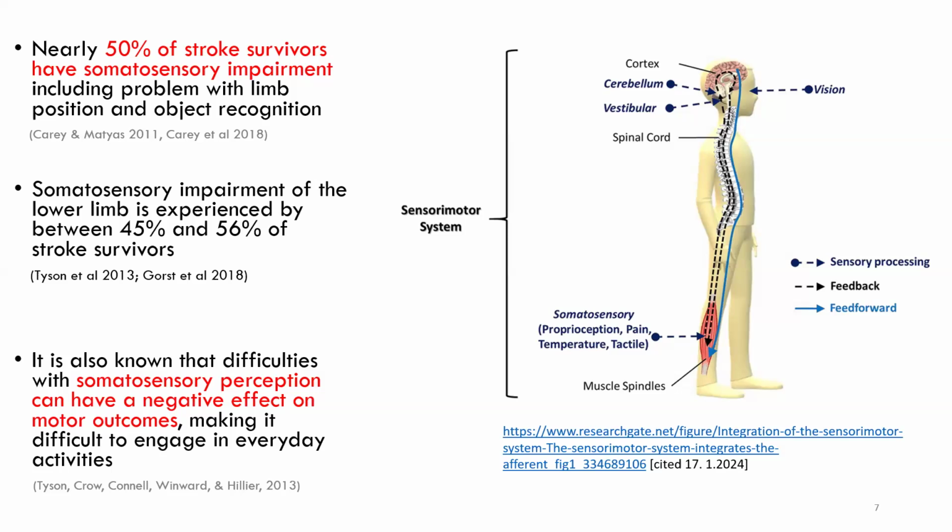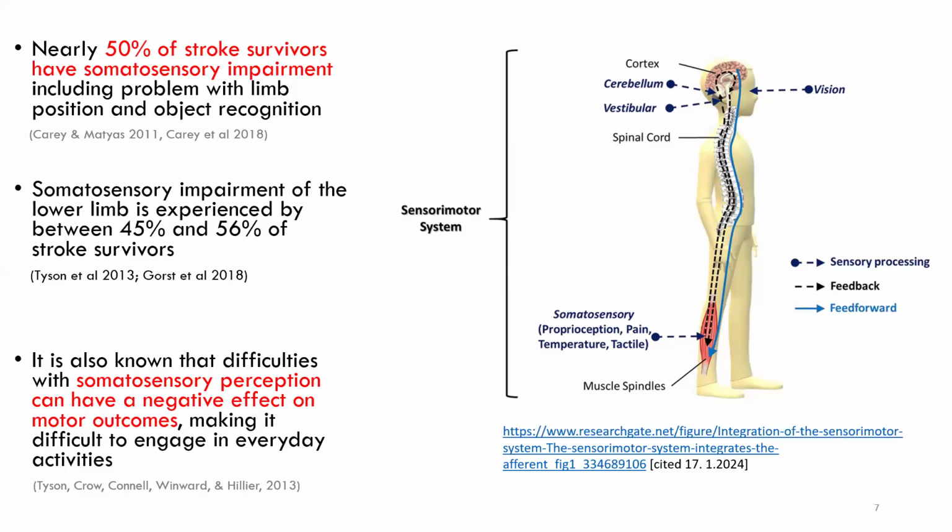These somatosensory impairments can have an adverse effect on motor outcomes in stroke patients. This will limit their participation in daily life activities, maybe participating in community meetings, house shows, and other activities that they were doing initially.